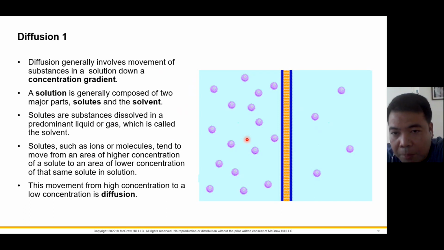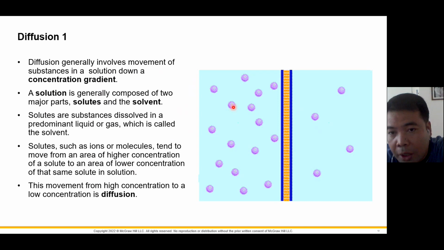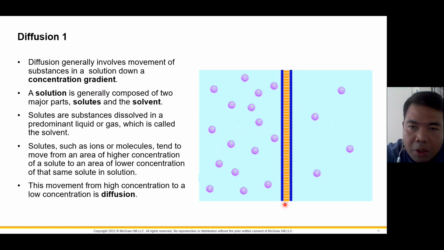For example, if this is a salt solution, the suspended molecules are the salt molecules, while the blue background where salt is dissolved is the solvent, which is water. Then imagine that this is a semi-permeable or selectively permeable membrane, just like your cell membrane.